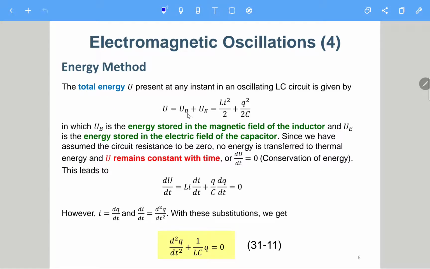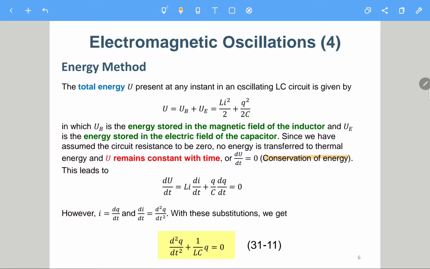We have U equals UB plus UE, which is this term plus this term. This is the total energy, and by the conservation of energy, dU/dt is 0. So we take the derivative of this equation, which should equal 0.